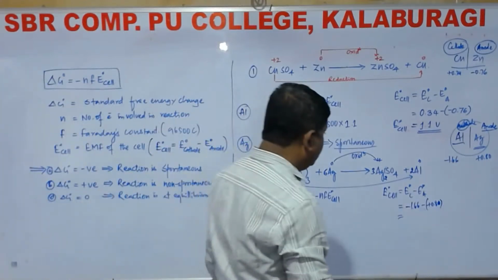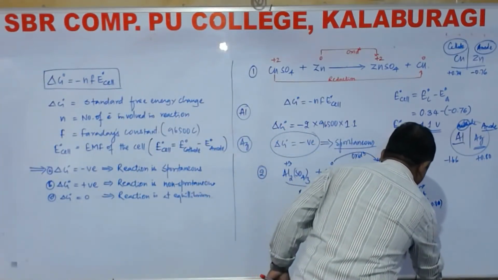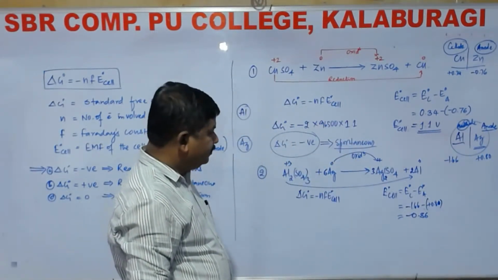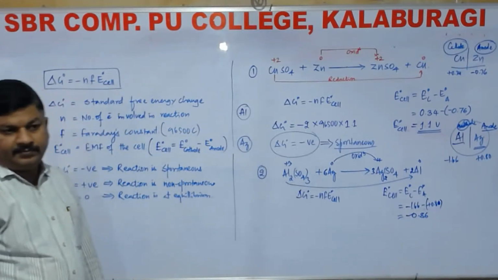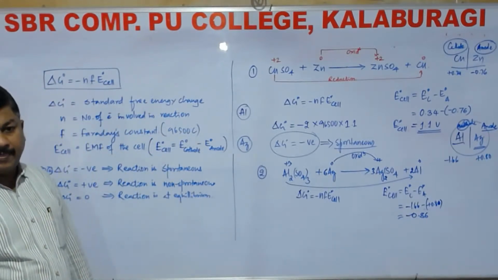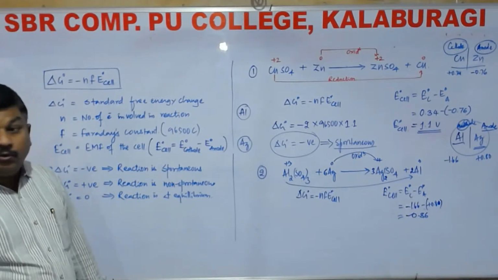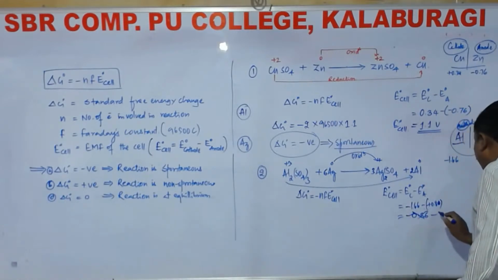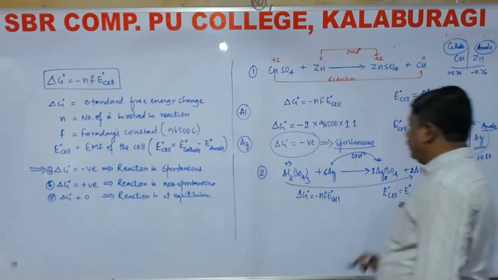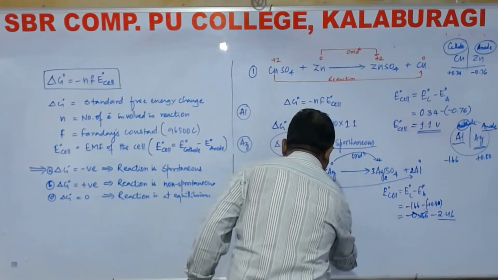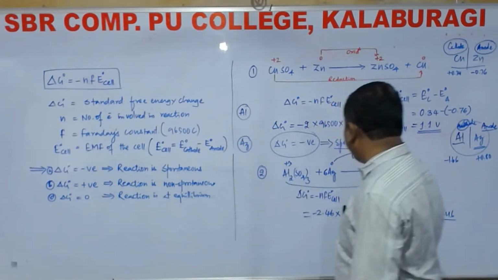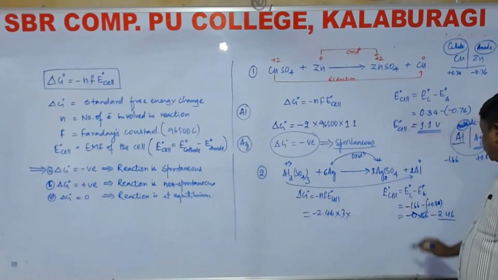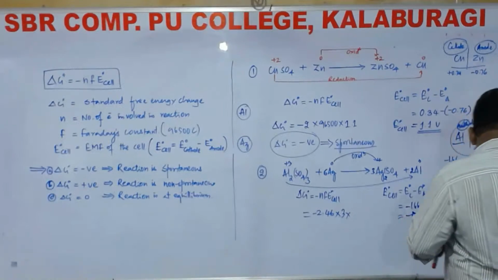Minus 2.46. Correct? Now delta G naught is equal to minus 2.46 into what's the value of the number of electrons? This is 3 into E naught of this cell, getting like this.